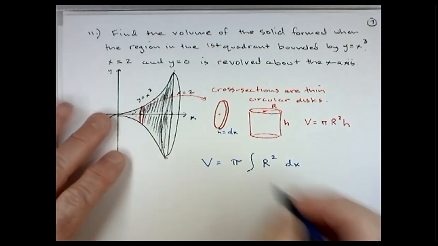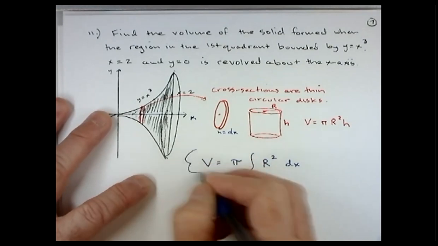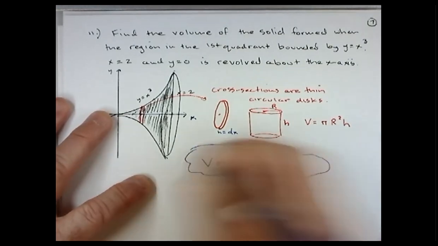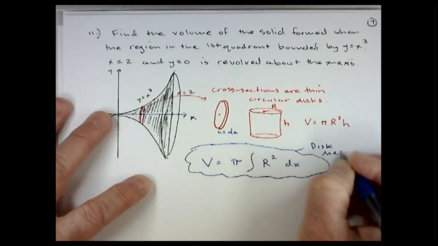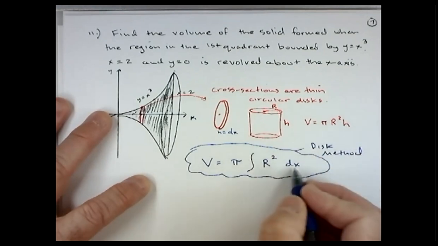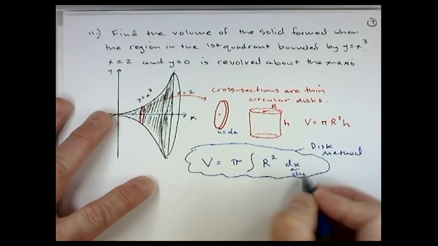Okay. So this is our general formula, and this is called the disk method. By the way, this dx could, in a different case, be dy. It's either dx or dy.